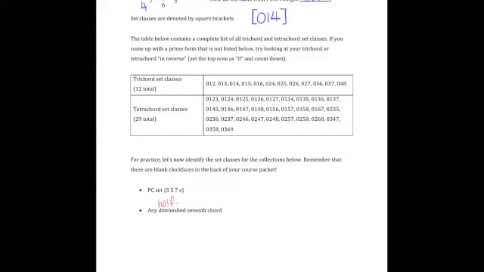So I am going to choose the half diminished 7th chord that starts on the pitch A. You can choose that one and work through it that way, or you can choose another one just to see if we end up with the same answer, which we will. So go ahead and work that one out. Plot it on your clock face, work out your options, and come up with a final set class for that half diminished 7th chord. And we will regroup and chat in a couple minutes.